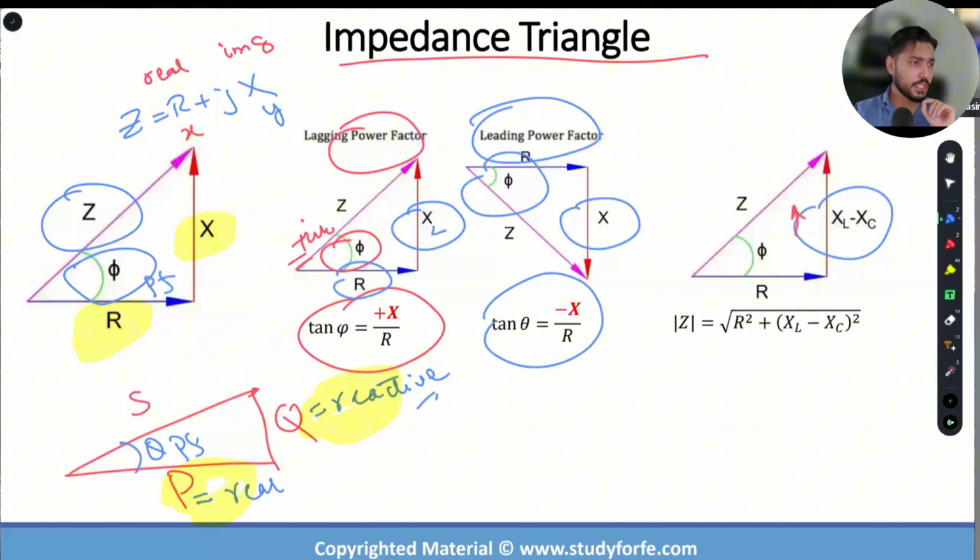The thing that really changes, that defines your power factor angle, leading power factor, lagging power factor, is your reactance. And this reactance, we're going to explore in a little bit more detail, can be positive in nature if it's inductive, it can be negative in nature if it is capacitive. Okay, and the magnitude of Z can be calculated by taking the square root of R squared plus the net X squared. This is just simply your Pythagoras theorem.